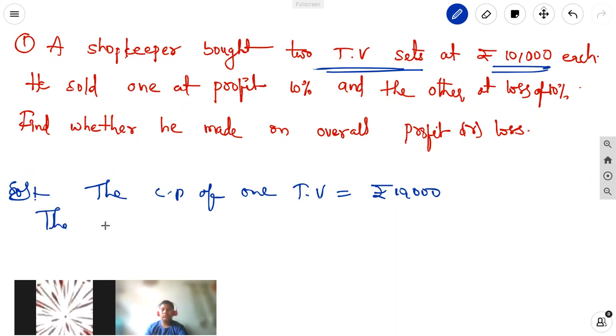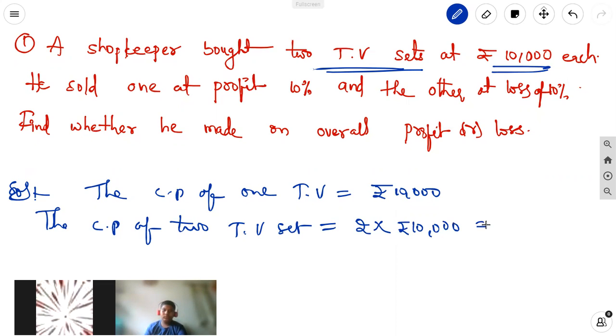The cost price of 2 TV sets equals 2 into 10,000 rupees, total cost price is 20,000 rupees for 2 TVs. Okay, this is the cost price of 2 TVs.